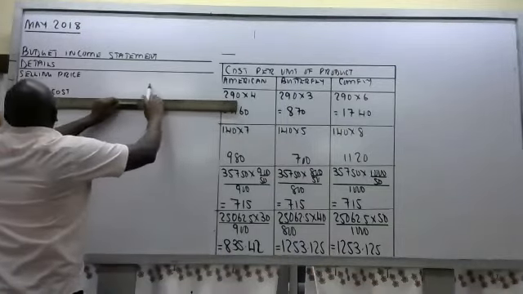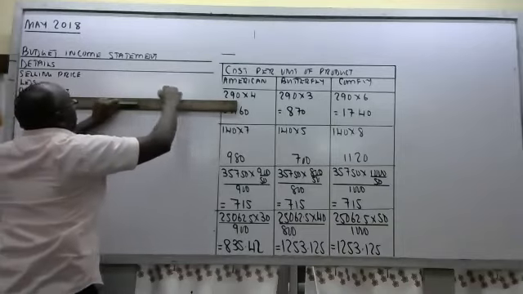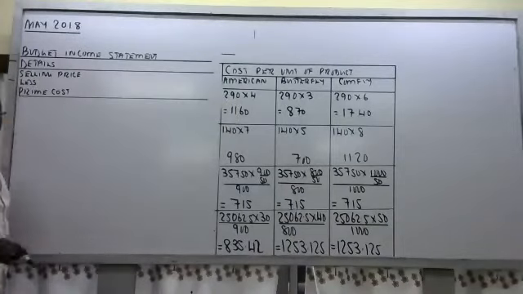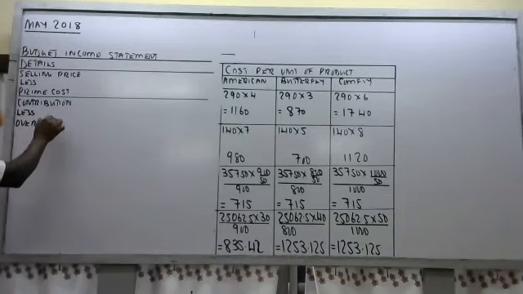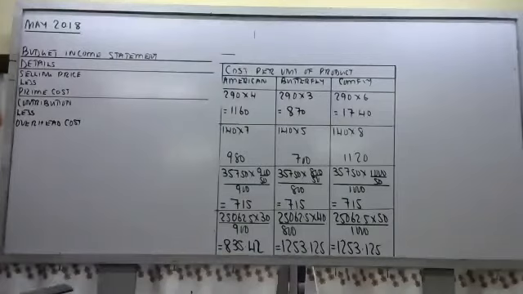When you say less prime costs, the figure you get is called contribution margin. Then you say less overhead costs. Now the overhead costs, we have several.